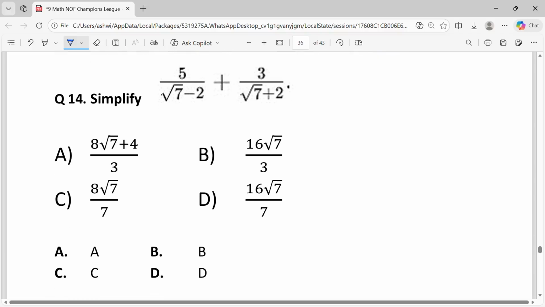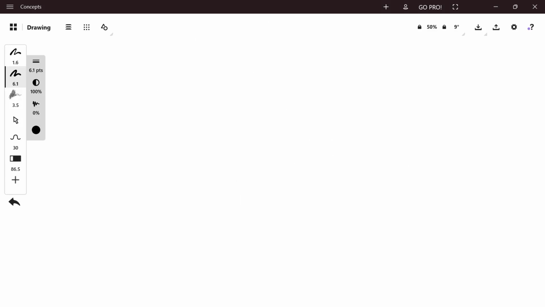Question 14. Simplify 5 upon root 7 minus 2 plus 3 upon root 7 plus 2. Combine the fractions. Rationalize each denominator by multiplying the numerator and the denominator by its conjugate.